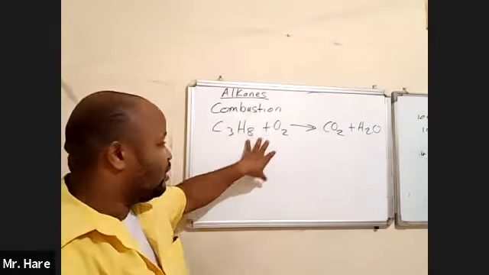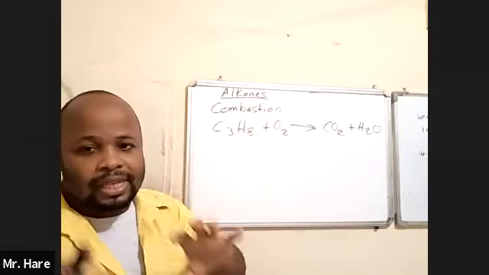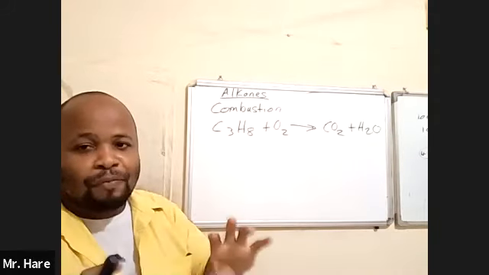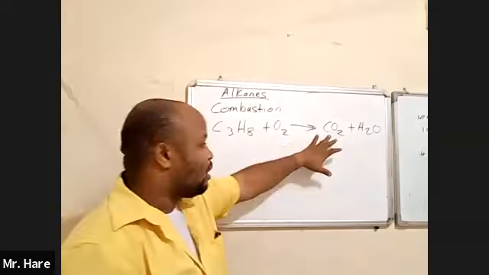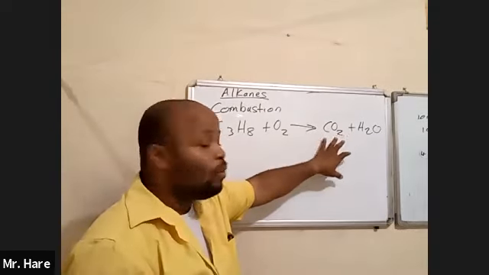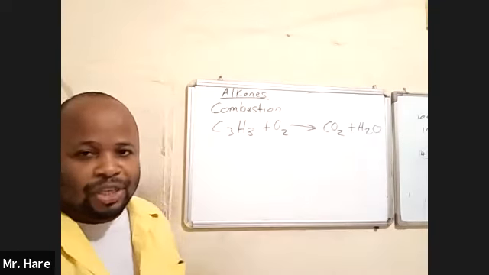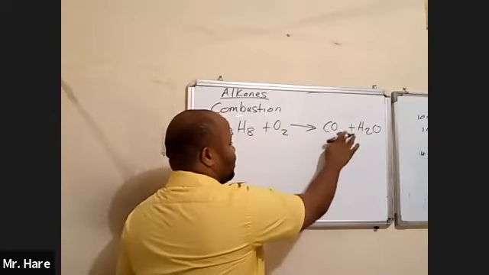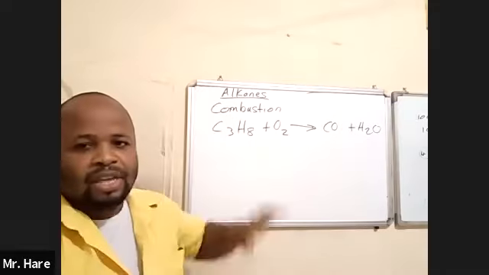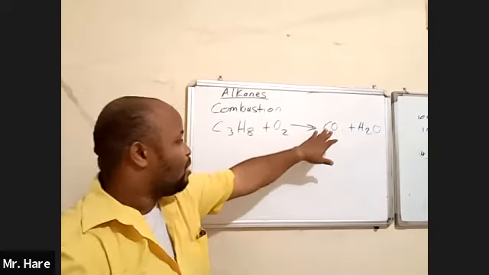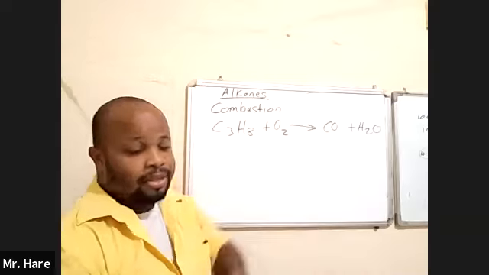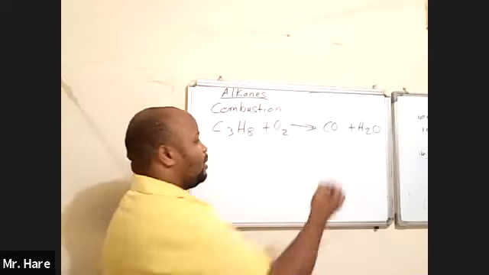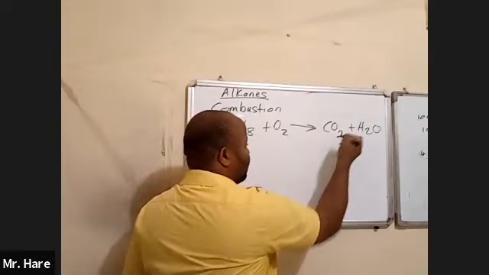This reaction happens if it's in excess oxygen. So if you have enough oxygen, you are going to get carbon dioxide and water. If the oxygen is not enough, you are going to get carbon monoxide. All right, so if the oxygen is not enough, you get carbon monoxide. But if you have enough oxygen, you will get carbon dioxide.